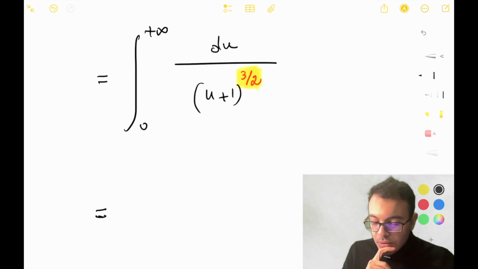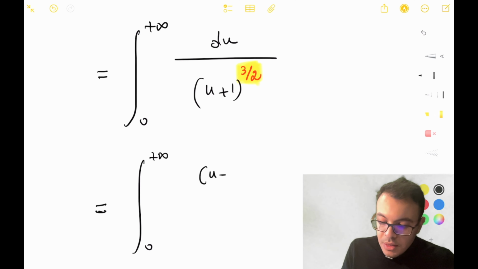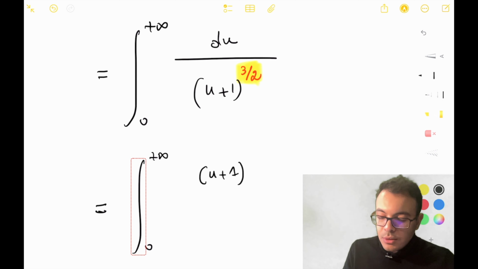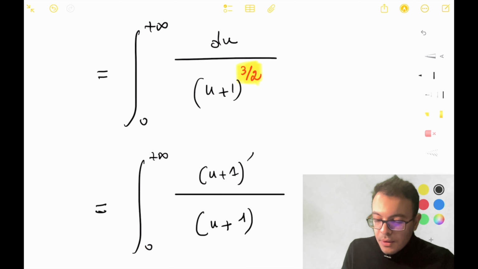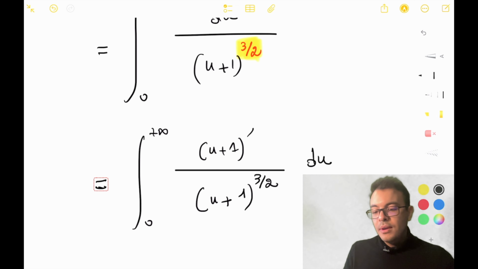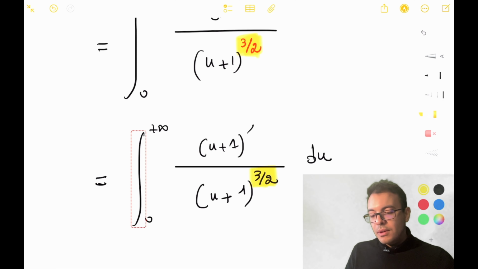Here it's a really interesting expression, because we can notice that the expression is the derivative of (u plus 1) to the power minus 3 over 2, okay?